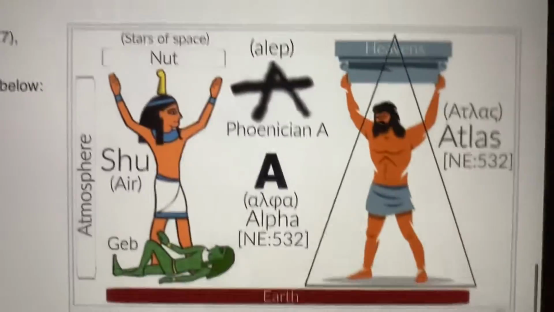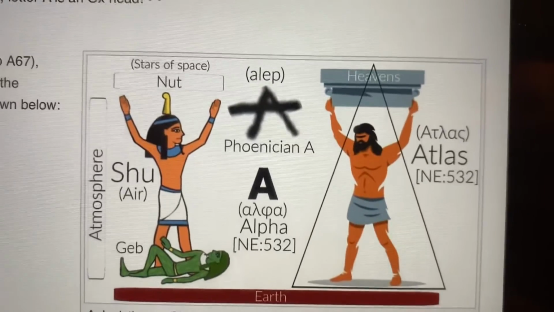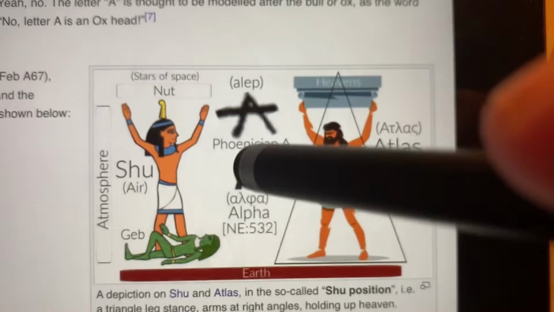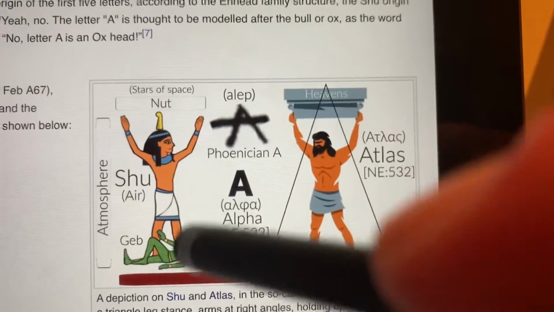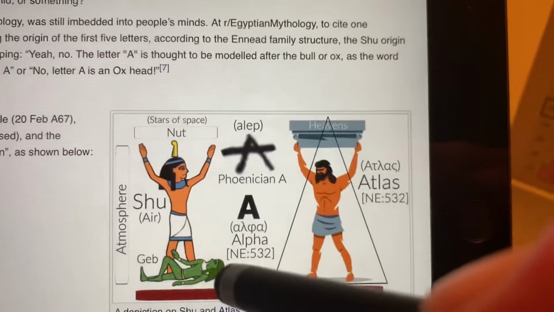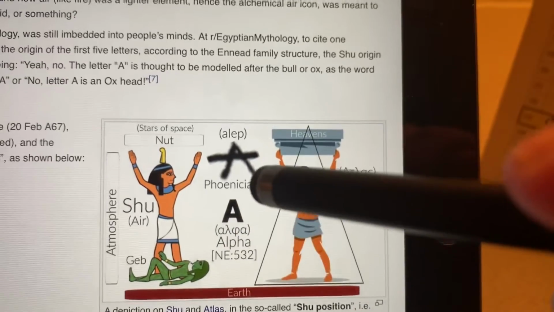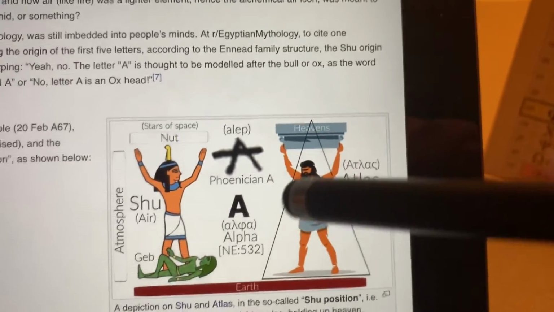And here we have the origin of the shape of the letter A. But in Phoenician, the first letter was made such that this motif of Shu being the first element created became this what's called the Phoenician character letter A.